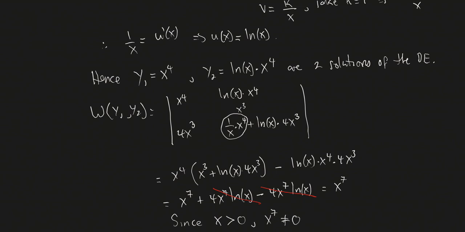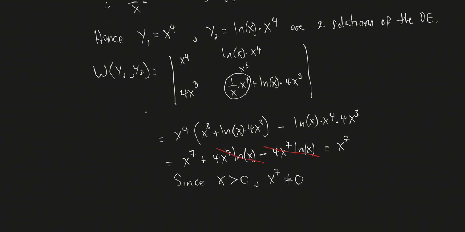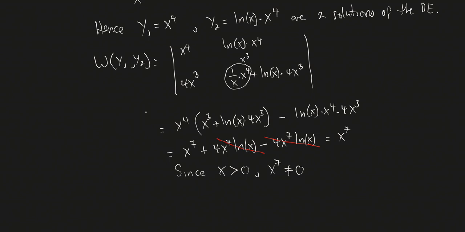So it's never going to be equal to 0. So y1 and y2 are linearly independent, and we got it. Where's the fireworks? Where's the confetti? So therefore, now we can claim that we have a fundamental set.